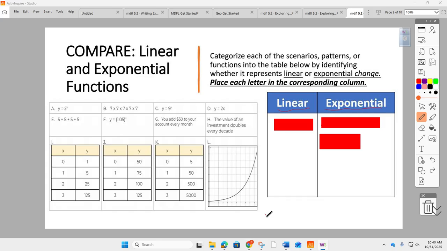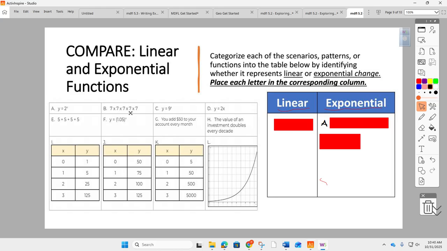What do you think? So we already said A was exponential, right? What do you think about B? Is that exponential or linear? Mason, what do you think? Exponential or linear? Exponential. Yep.